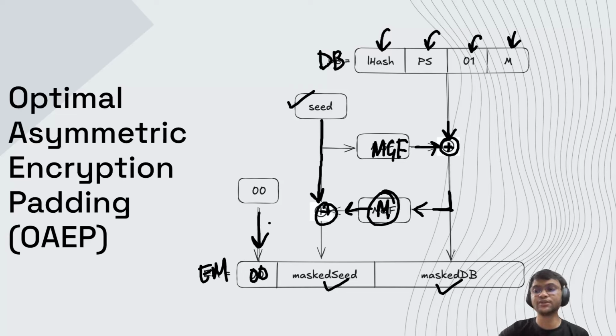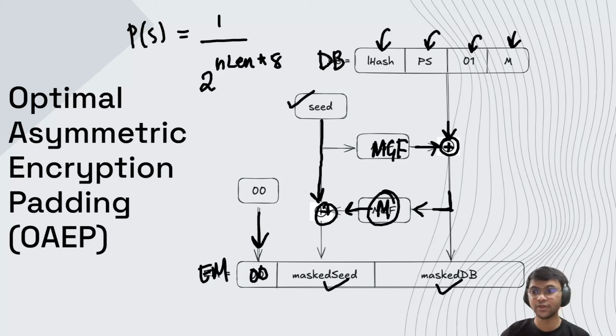OAEP drastically reduces the risk of any padding oracle. An attacker can no longer easily find a ciphertext that slips through the padding check, except by brute force. And in that case, the probability of success would be 1 over 2 raised to hLen times 8. Since at this point we have not established the nomenclature, think of it this way.